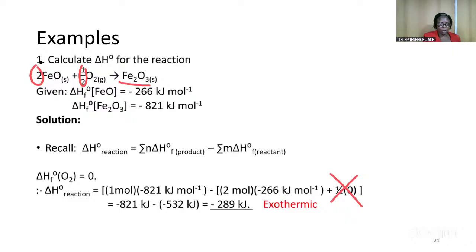Then on the products side, you have 1 mole that is formed. So the standard enthalpy for the reaction is easy to calculate, and you can see the value is negative, in conformity with what we said earlier on, that combustion is an exothermic process.